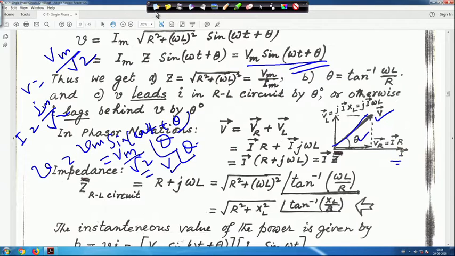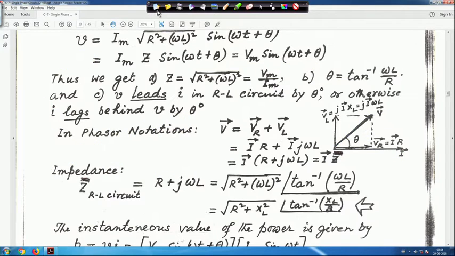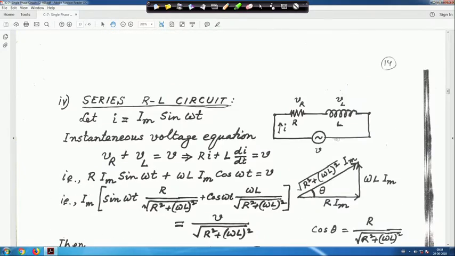Another thing, let us go to the diagram. Here Vr is equal to IR, the voltage drop across the resistance. We can make this IR if it is the RMS value, and of course the instantaneous polarity is there.